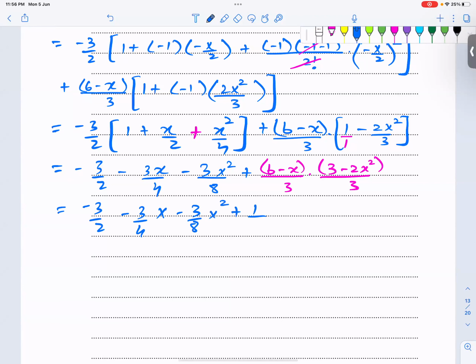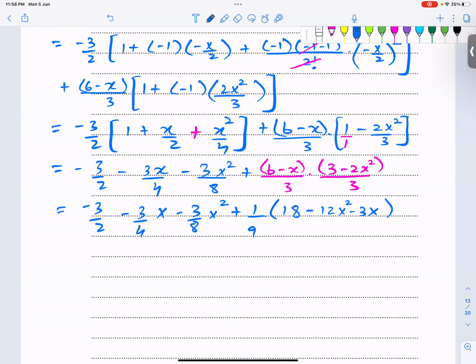then plus 1 over 9. Now multiply it again. 6 3s are 18 minus 12x square minus 3x, and then ignore this term. When x is multiplied with x square, ignore that term, okay? So we will have this as our final answer, okay?